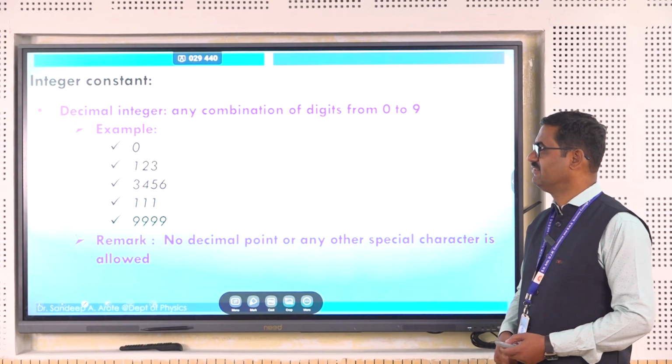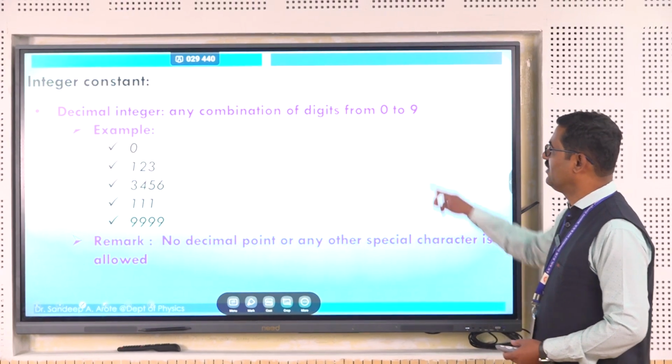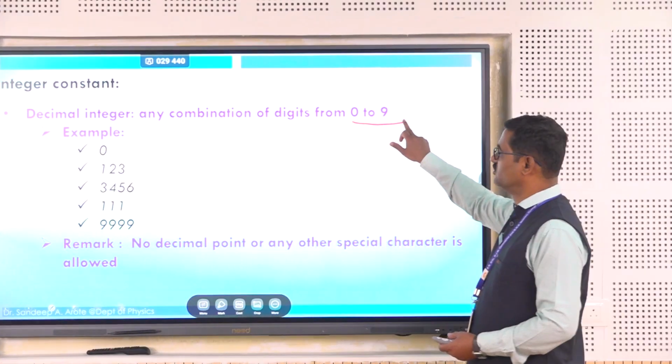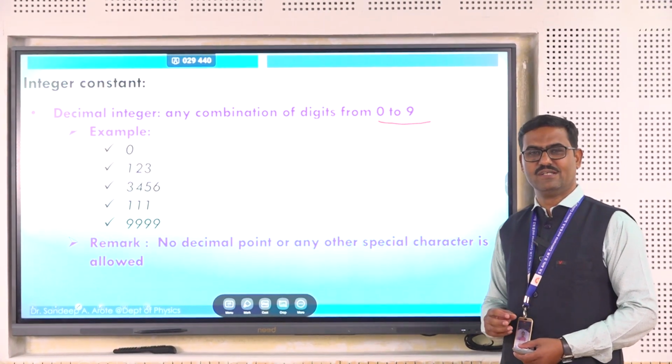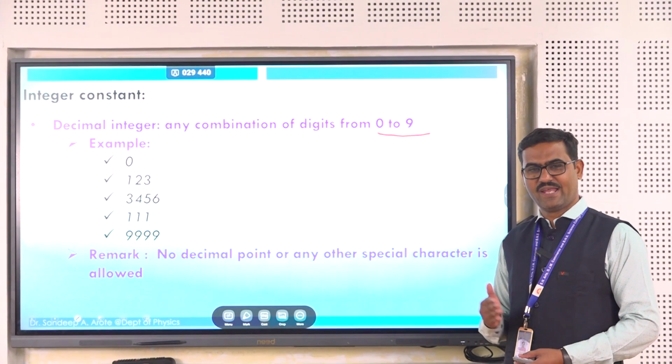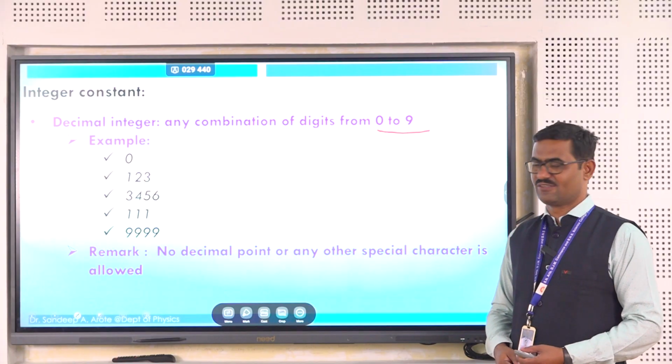So, let us see one by one what is the difference. A decimal integer constant is any combination of digits from 0 to 9, either a single digit or multiple digits.